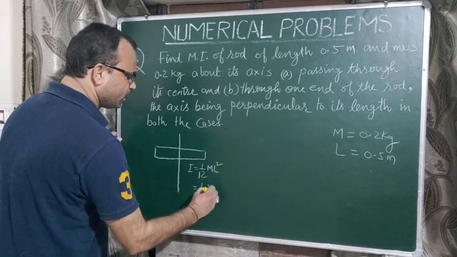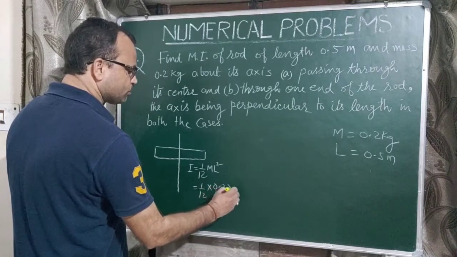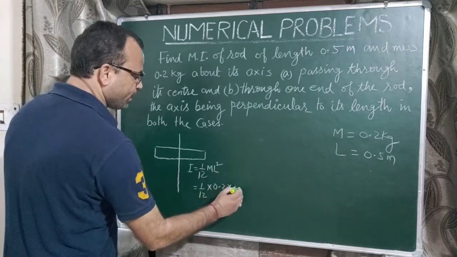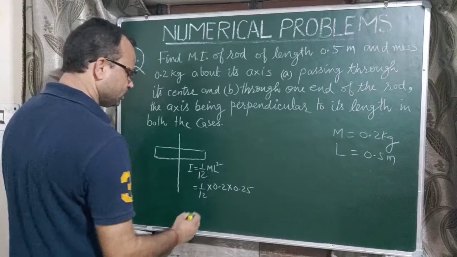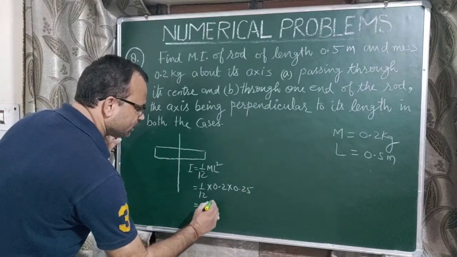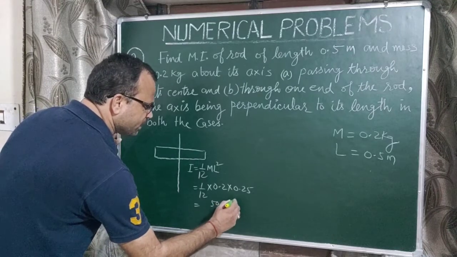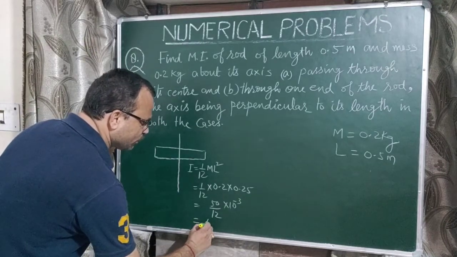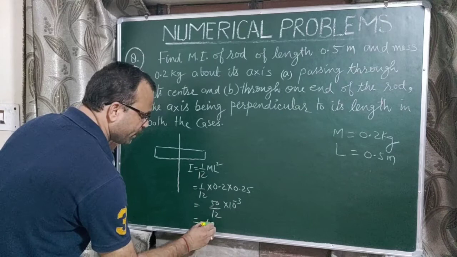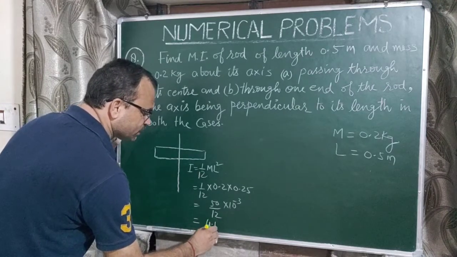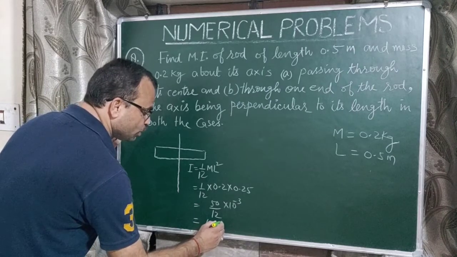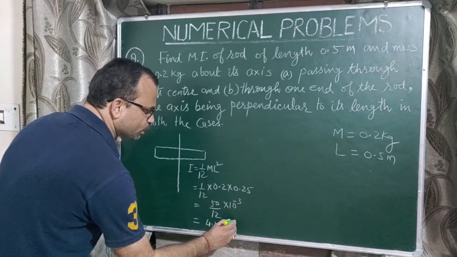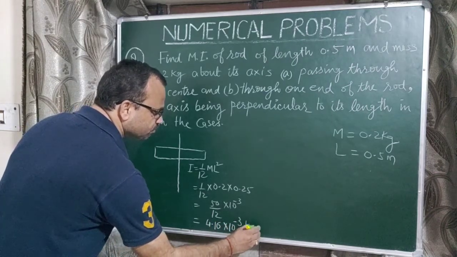So 1 upon 12 into value of m is 0.2, l square means 0.25, which is 25 into 10 to the power minus 2 upon 12. So 12 fours are 48, and the result is 4.16 into 10 to the power minus 3 kilogram meter square.